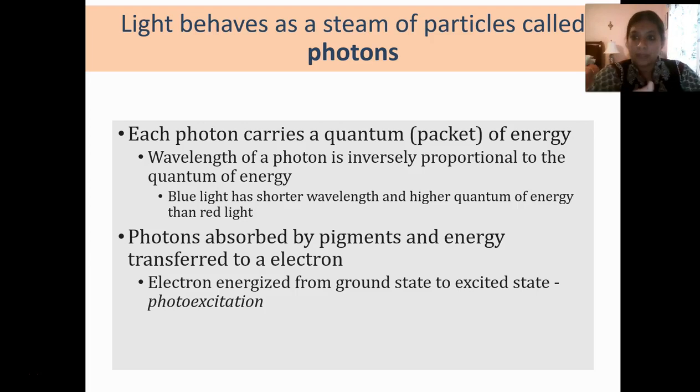And we will see that in a couple of slides as well. Once they absorb these photons, they use that to excite electrons. When electrons are excited from their ground state into an excited state, this process is called photoexcitation. Basically, that quantum energy is getting transferred to them.